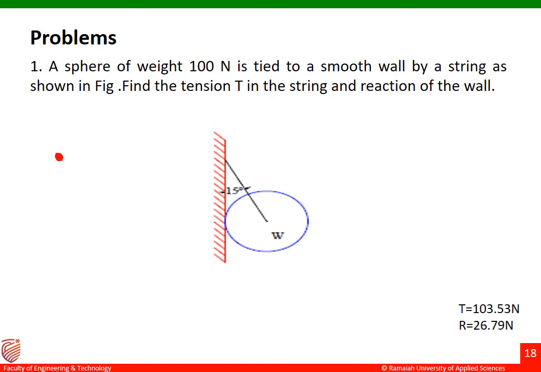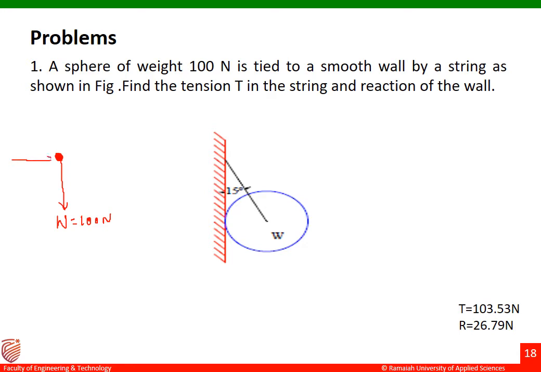Let me draw the free body diagram of this given figure. I'll idealize this given ball into a small solid circle. The weight of this ball is acting downwards. So this is my weight, that is W. Weight is given as 100 Newton here.